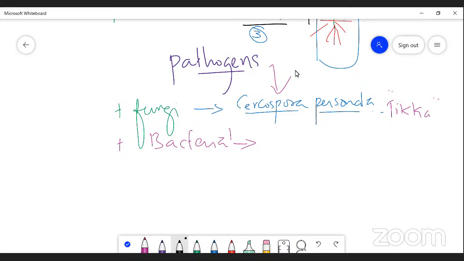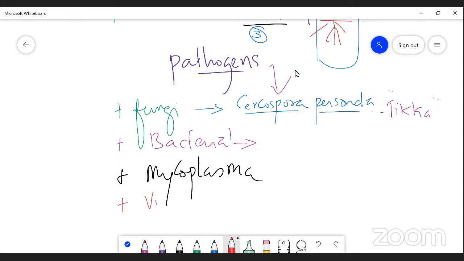Like that, one more pathogen is mycoplasma. So mycoplasma and virus. Finally, let us take virus.